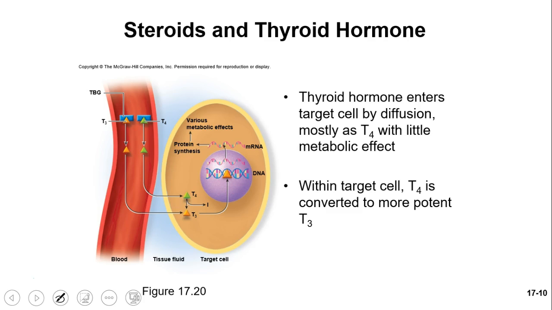So what happens is T3 and T4 are bound to proteins in the blood. They travel through the protein bound. Only a small amount is left unbound. And when they get to their target, the T3 and the T4 are released from the protein, and they are able to diffuse across the cell membrane.